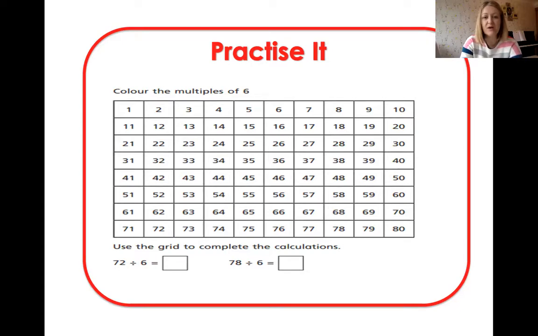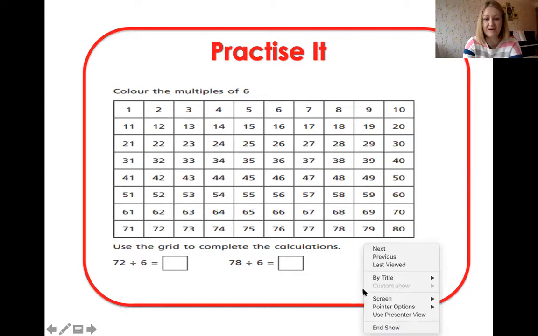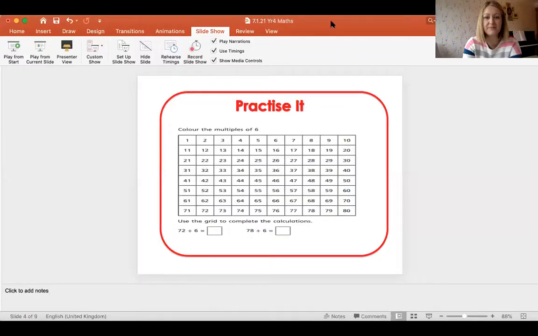So I'm wanting you to look at all of the numbers that would be in the 6 times table, and you're either going to point them out on your screen or you're going to be able to colour those in. So have a little go at doing that now, and then we're going to be going and sharing that together. Okay. Pause your screen and have a little go at that colouring now.